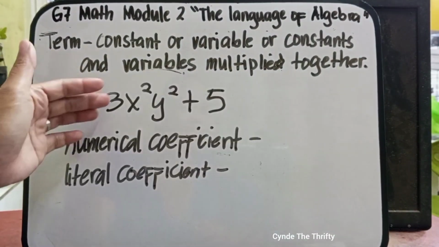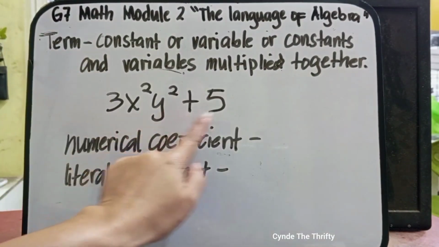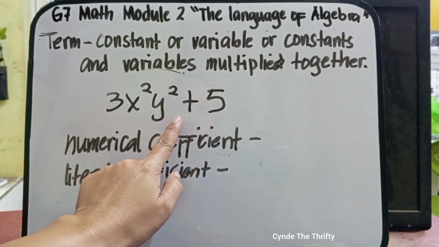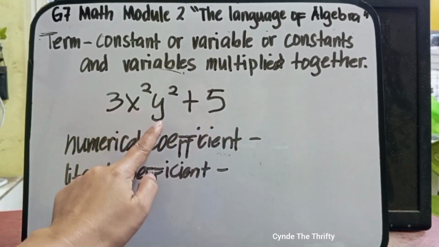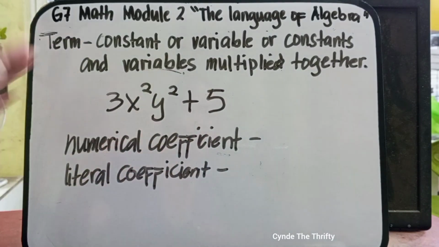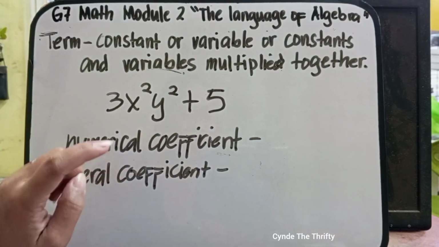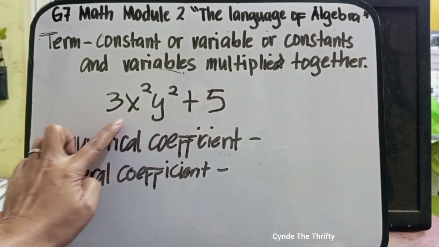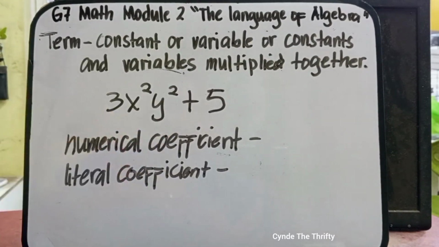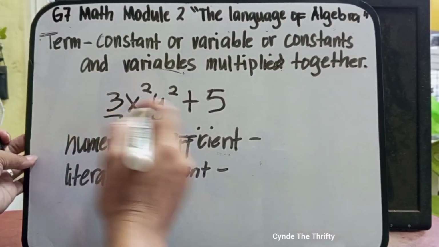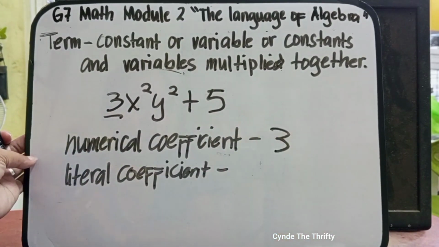Sa ating example na 3x squared, y squared plus 5, so dito sa ating first term, which is 3x squared, y squared, meron tayong tinatawag na numerical coefficient at literal coefficient. So, saan yung numerical coefficient natin dito sa ating first term? Ang numerical coefficient natin dito is, of course, itong number natin. So, ang numerical coefficient natin is 3.